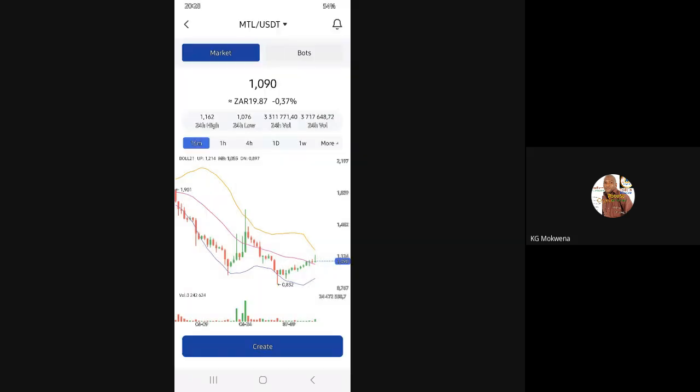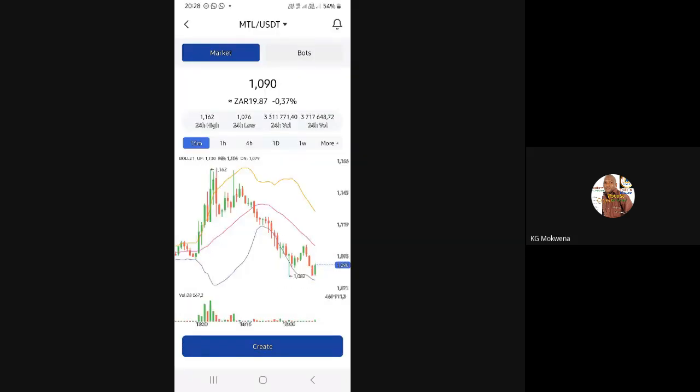Now, Business Partners, we can say that the highest it reached was 1,162. That is the highest this actually reached today. So now imagine 1,081 divided by 1,162, multiplying that by 100.